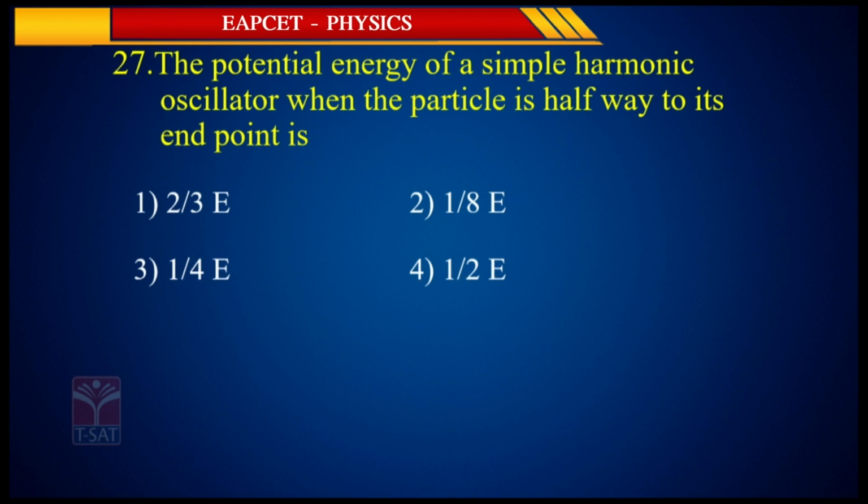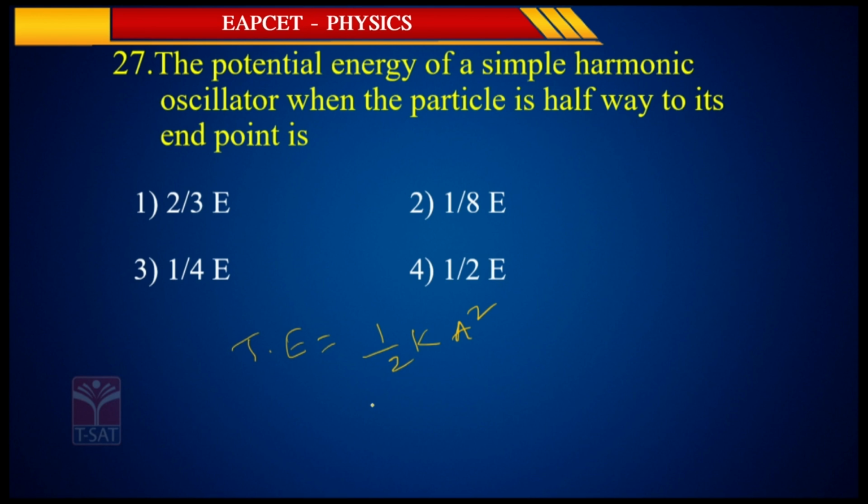You know the formula for the potential energy of a simple harmonic oscillator when the particle is halfway to its end point. You know the total energy; what is the total energy formula, children? In simple harmonic motion, the total energy is 1 by 2 K A square.